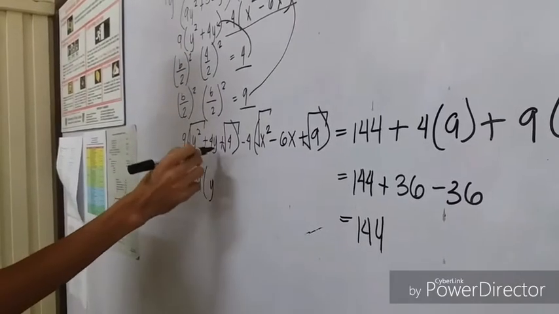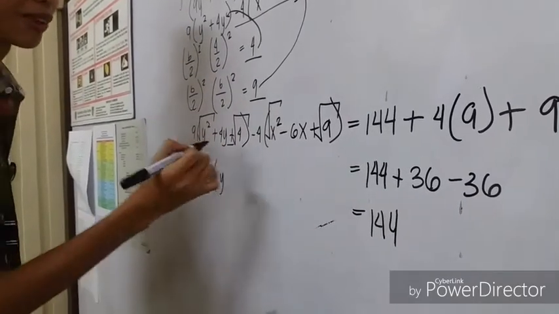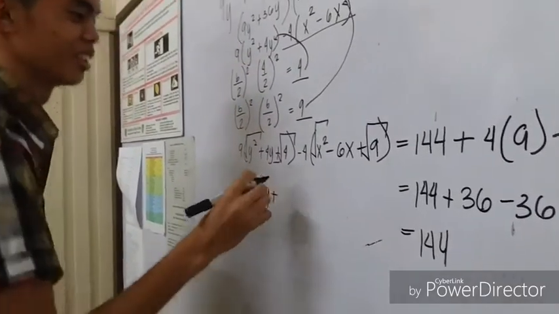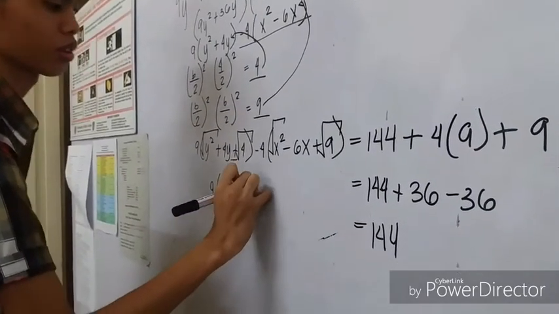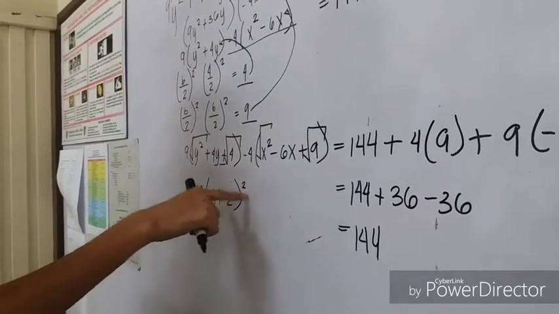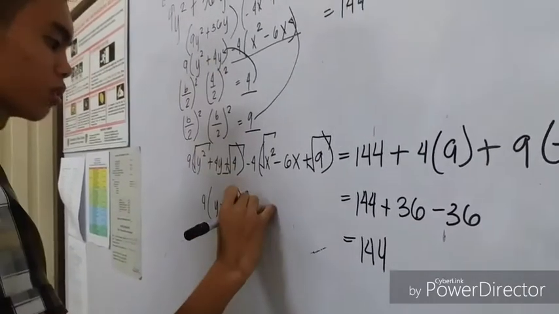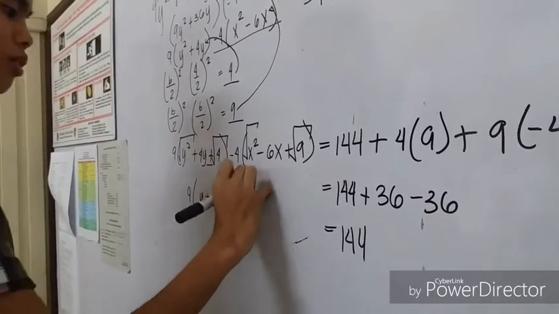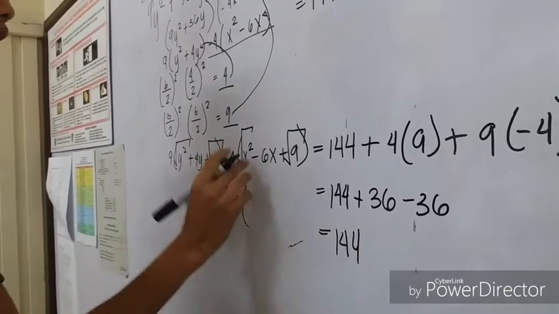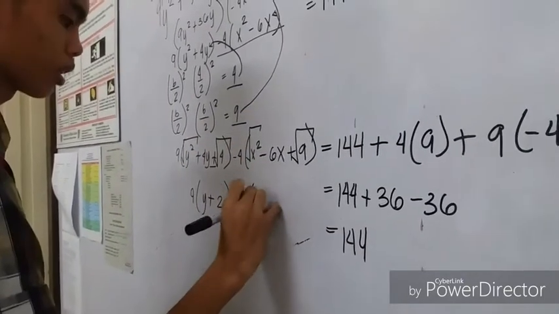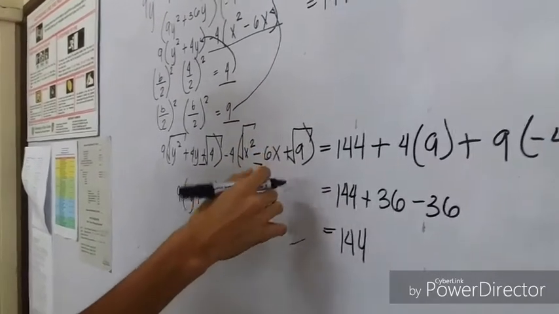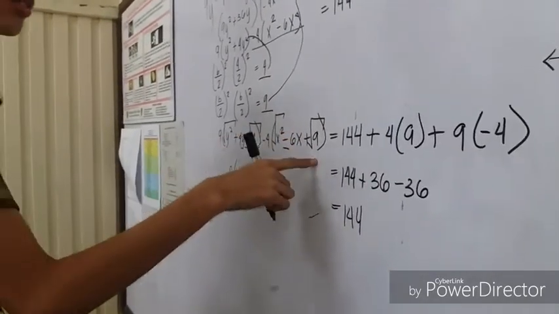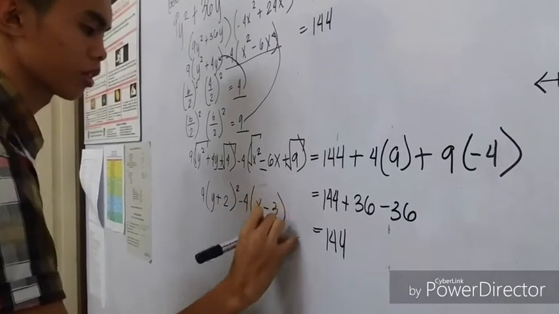Then we copy the positive symbol. Then the square root of 4 is equal to 2. So since we factored out, we use the power of 2. We copy negative 4, factor inside. The square root of x squared is equal to x. And we copy the sign, negative. Then the factor of 9 is equal to 3 squared.